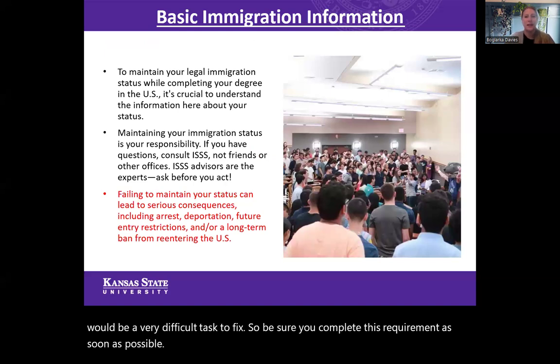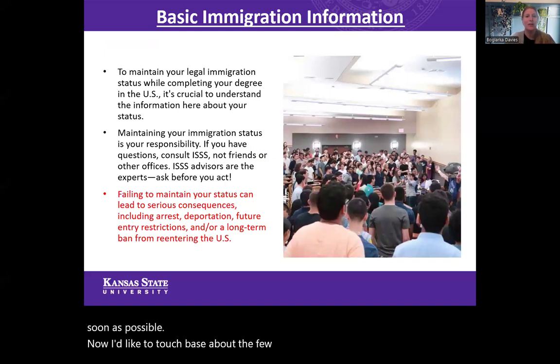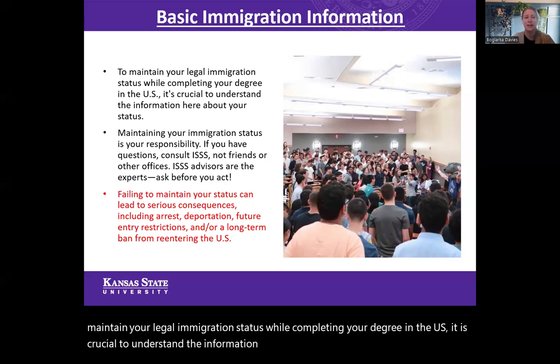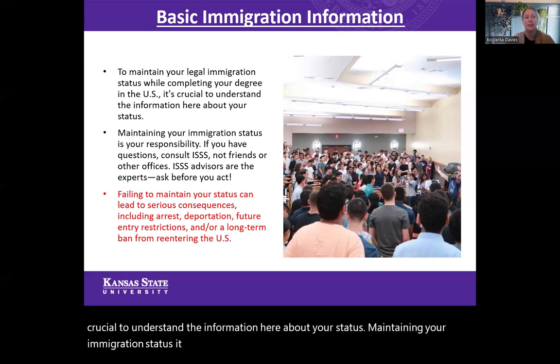Now I'd like to touch base on a few basics about immigration. To maintain your legal immigration status while completing your degree in the U.S., it is crucial to understand the information here about your status. Maintaining your immigration status is your responsibility. If you have questions, you can consult with ISSS, but not a friend or any other offices.